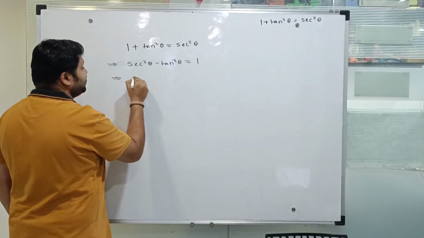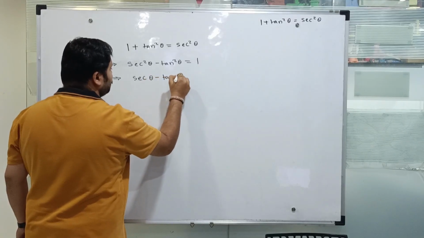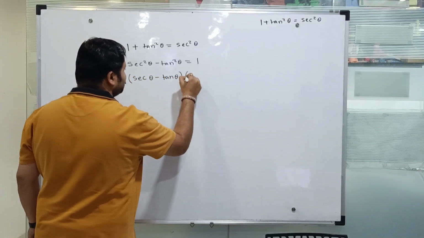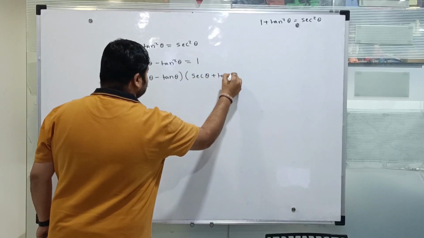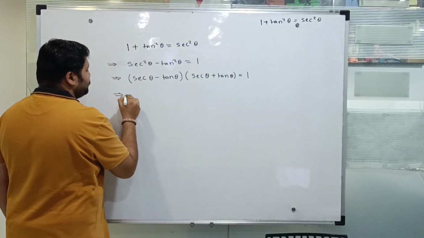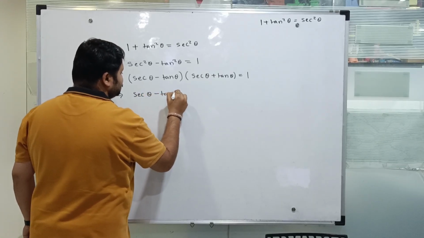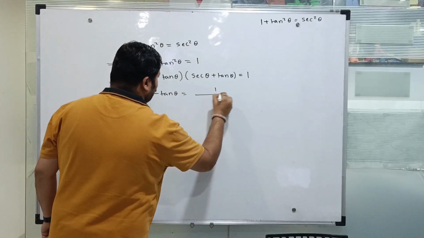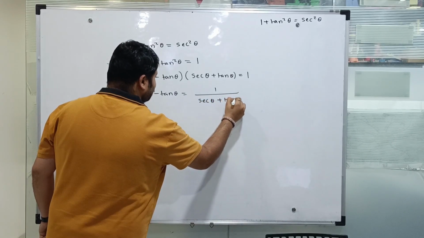We can also write it as sec theta minus tan theta multiplied by sec theta plus tan theta, and we can equate it to 1. We can further write sec theta minus tan theta is equal to 1 by sec theta plus tan theta.